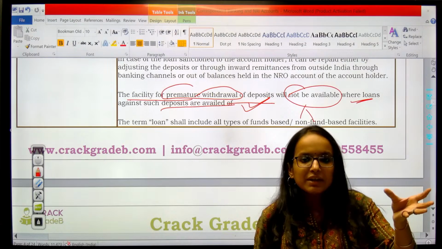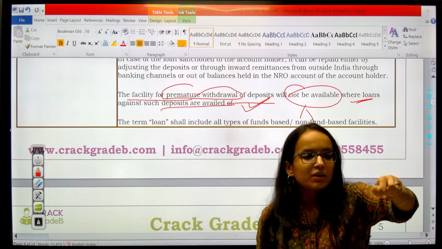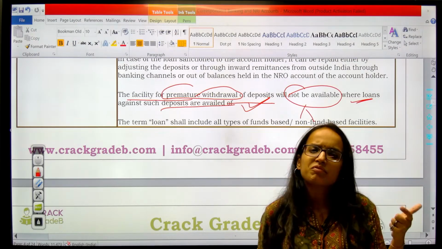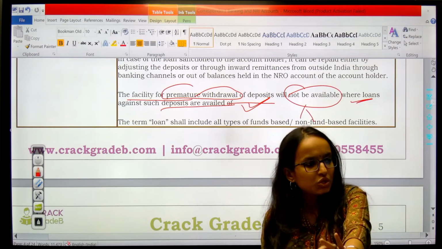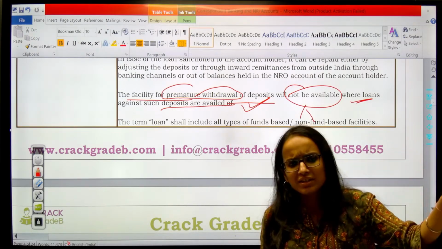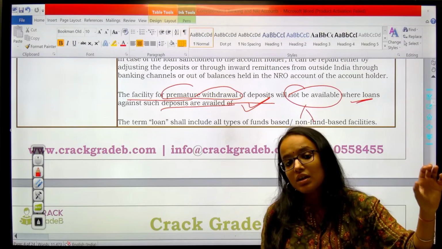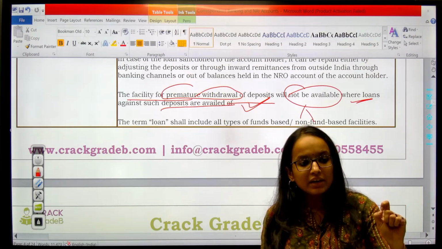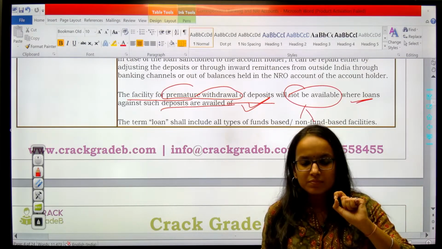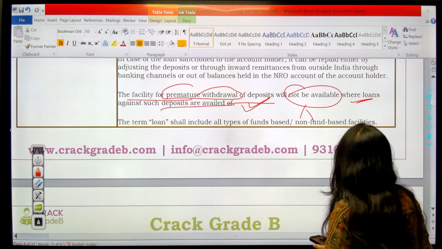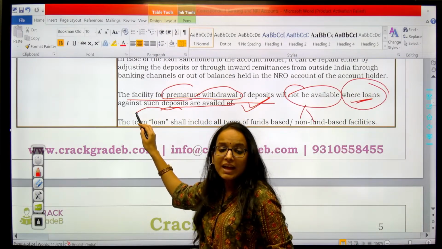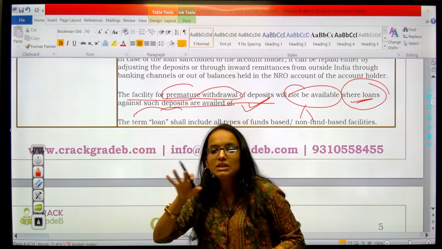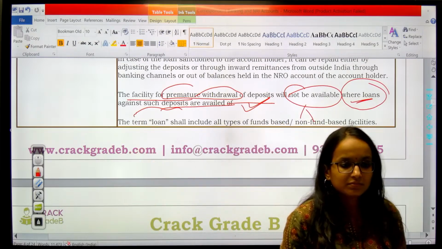Suppose there is a limit that only by this time you can withdraw your deposits, say a fixed deposit, where you can withdraw only after 12 months, just taking an example. But if you have availed loans against such deposits, then you cannot pre-withdraw the deposits. Is this clear?